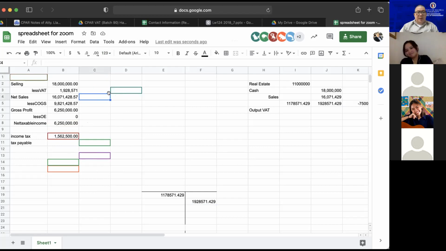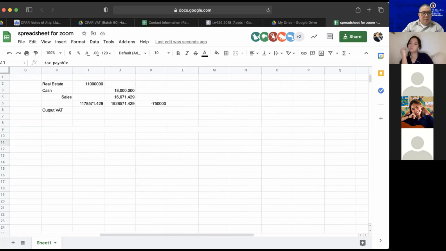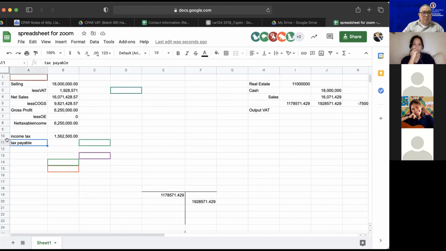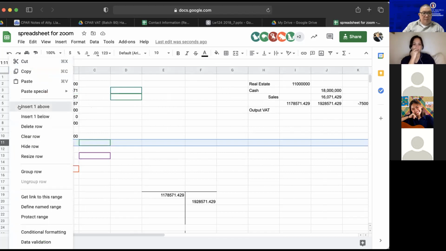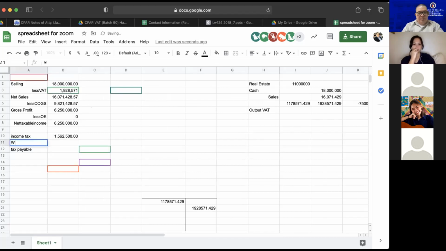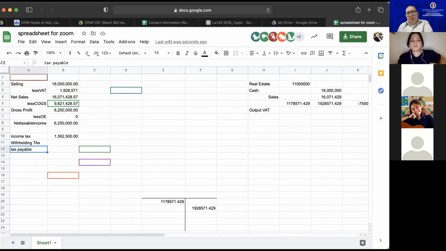How do you compute the 5% now? The rule is 5% for real property for those engaged in real estate business, habitually engaged in real estate business. For those who are not habitually engaged, then you have to collect 6%.